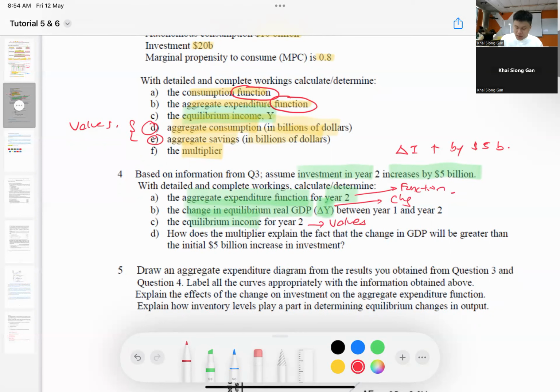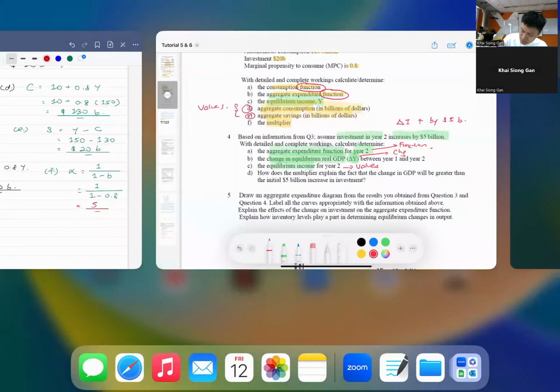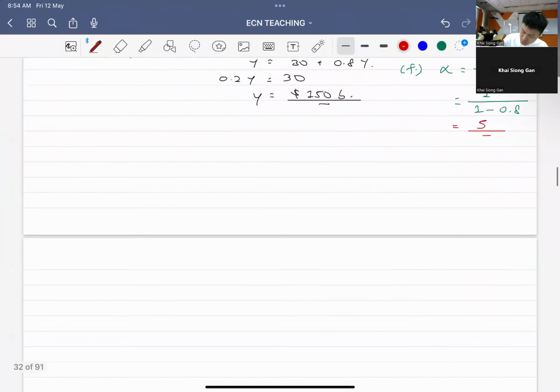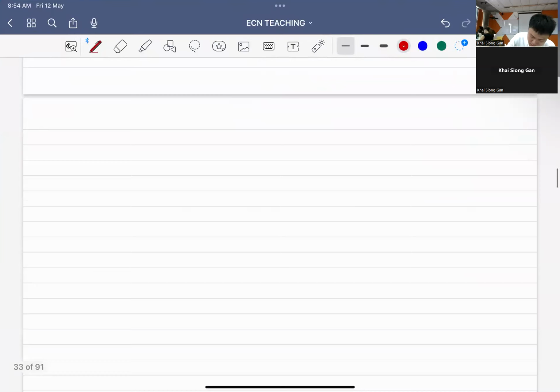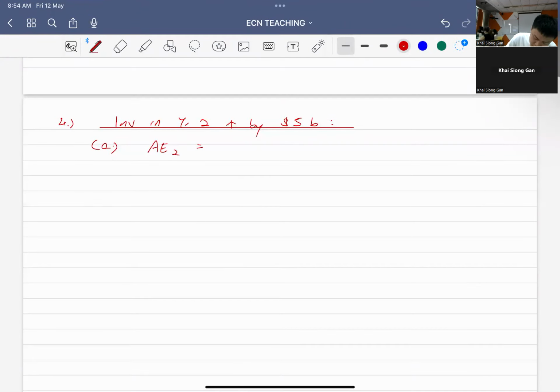Okay, so let's do it together. Question 4, continued. Investment in year 2 increased by 5 billion. So now question A, my new aggregate expenditure function in year 2.